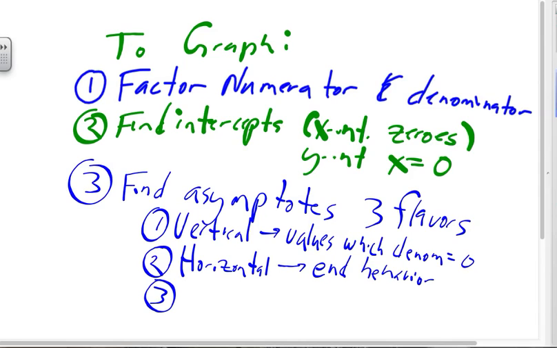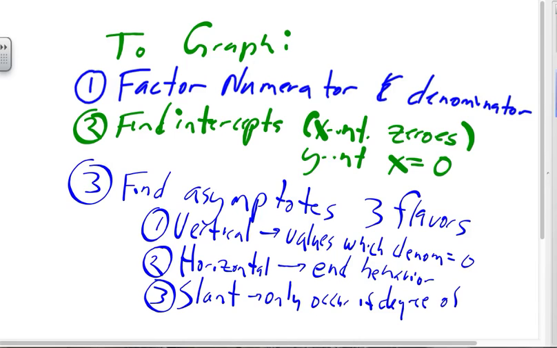And then the third one are slant. These only occur if the degree of the numerator is 1 greater, and it has to be exactly 1 greater than the degree of the denominator.